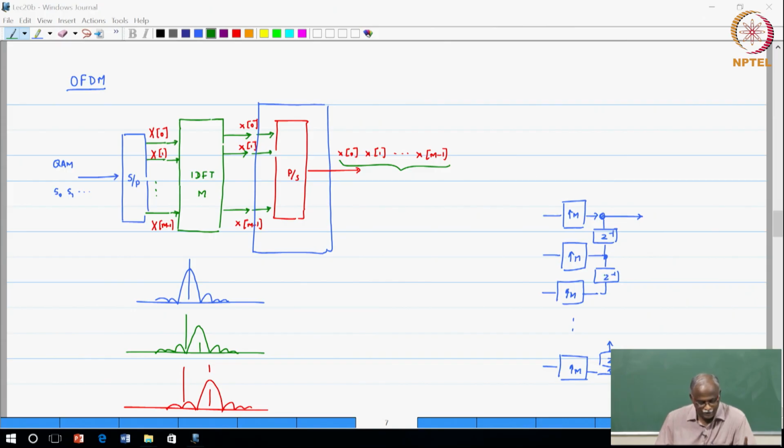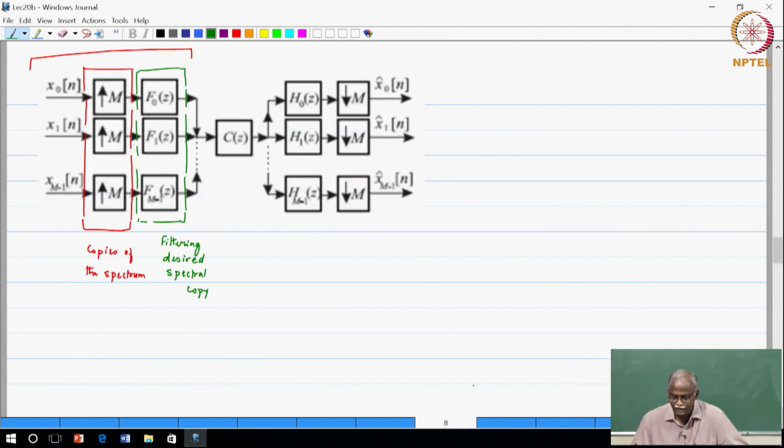So if you do not mind, let us just draw that, because that is very helpful for us. Keeping this picture in mind, the portion of interest is starting from the IDFT. Again we want to show that there is an equivalence, and that's the idea of this discussion. And then the parallel to serial conversion, which then says there is an upsampling by a factor of M, upsampling by a factor of M, and so on.